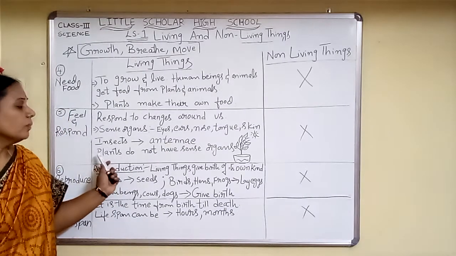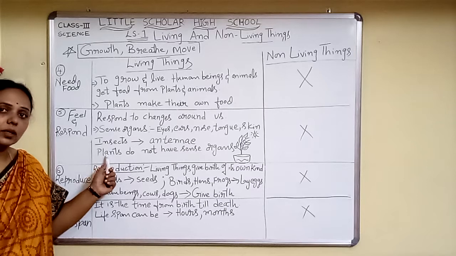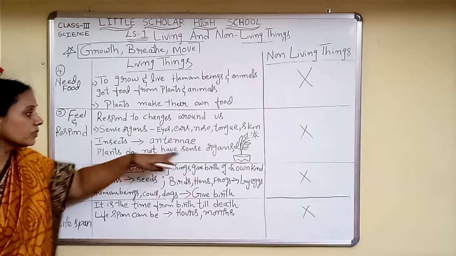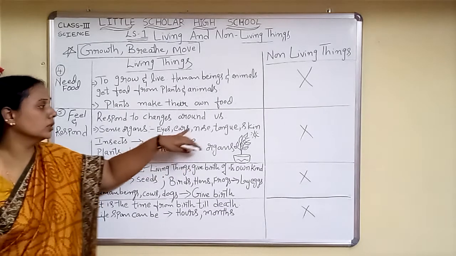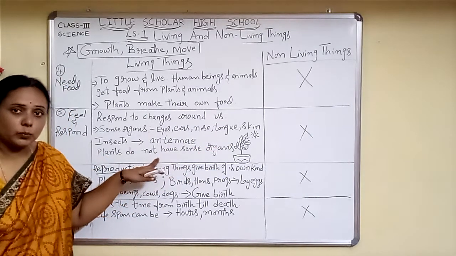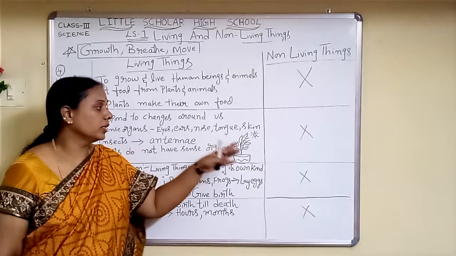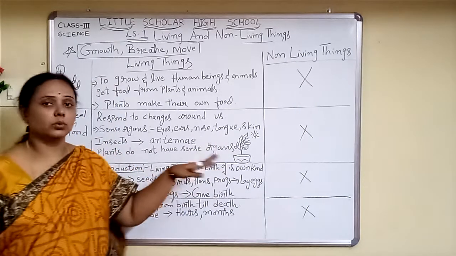Then, when we come to plants, as we said, the plants are also living things, but they do not have any specific sense organs like eyes, ears, nose, tongue, or skin. But still, plants respond. This is happening because of some chemicals which are present in the plants. This you will come to know in higher classes.